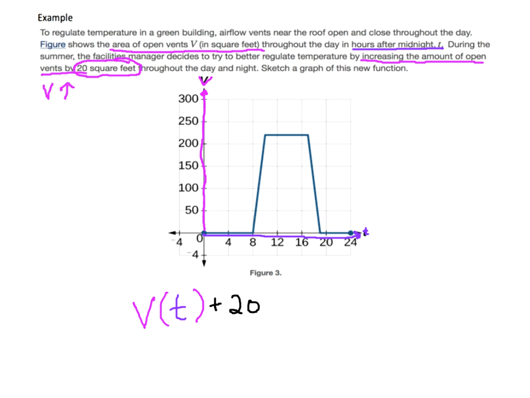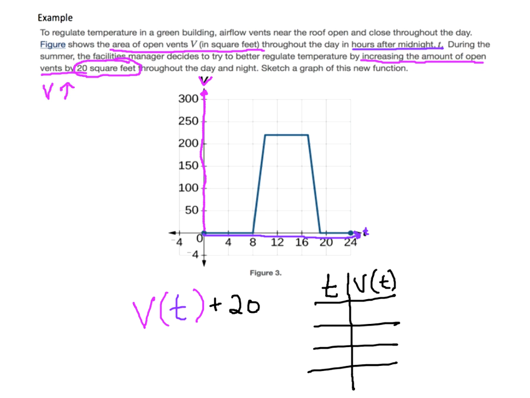Let me make a chart to show you how to do this graphically. This is as a function of time of day, and what we get out is ventilation in square feet. When you're given a graph and asked to sketch the graph of the new function, you choose a few key points from your graph.